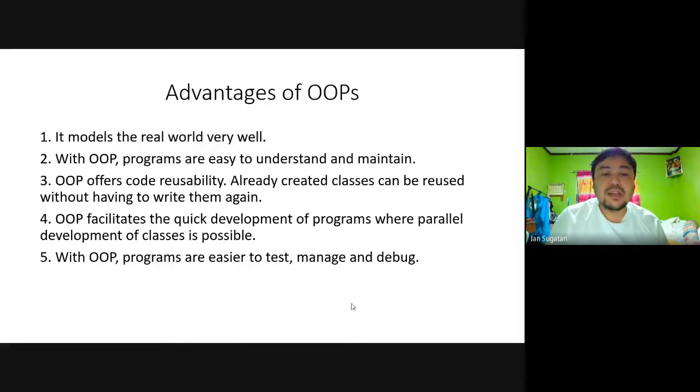Now, let's discuss the advantages of object-oriented programming. Number one, it models the real world very well. The data that is conjugated in your object-oriented programming can be seen in real life. This can be modeled to them. The characteristics of an object reflect that of a real object or a real thing.